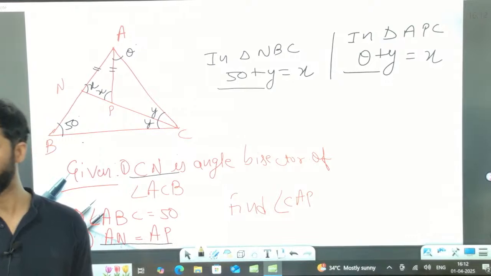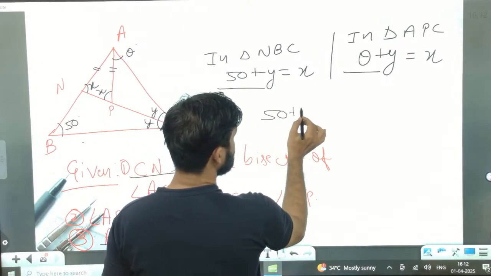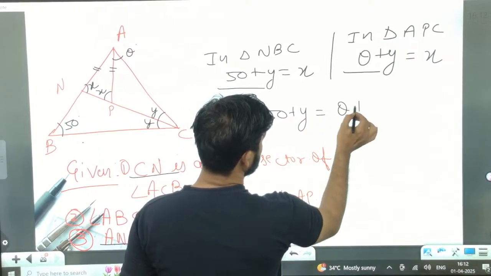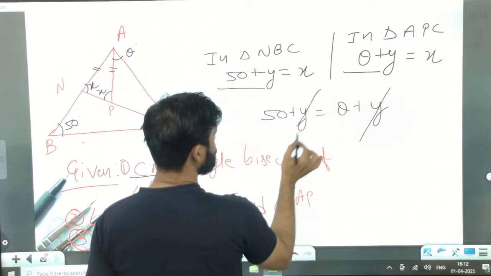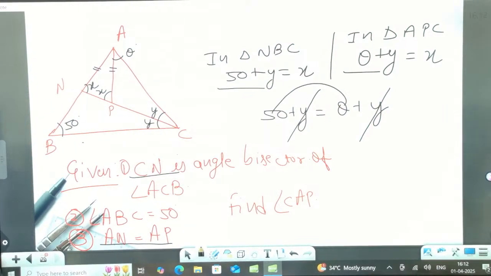So we can equate them, can't we? So we can equate them: 50 plus y equals theta plus y. Y will be cancelled out, so the value of theta is 50. Are you getting it? Good.